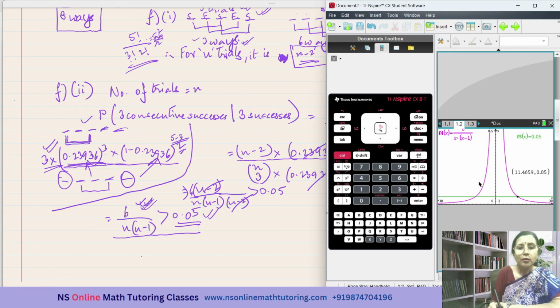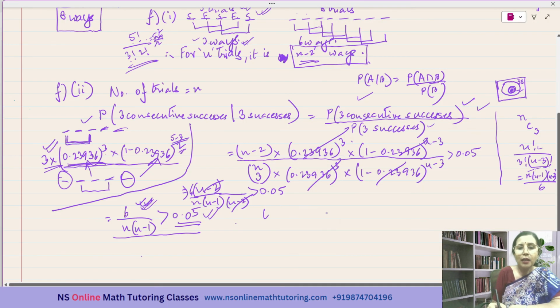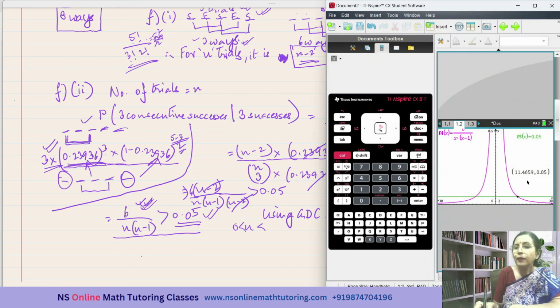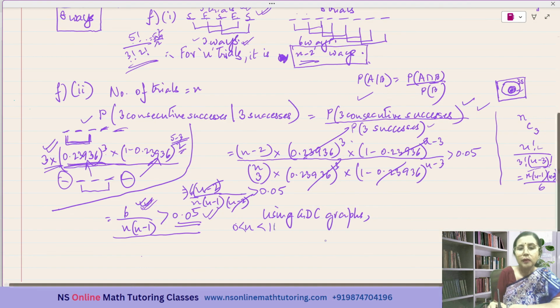So using GDC graphs, n should be greater than 0 and less than 11.4659.